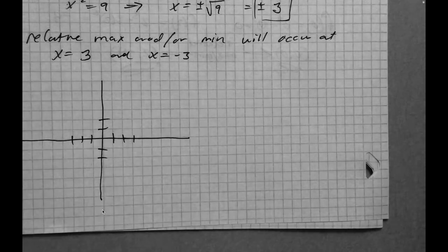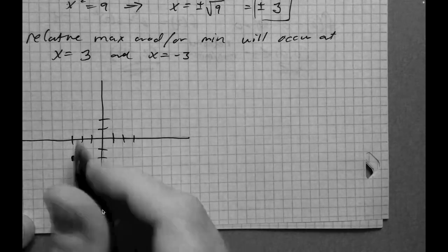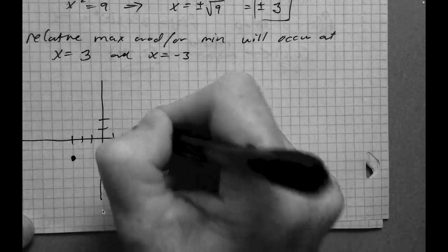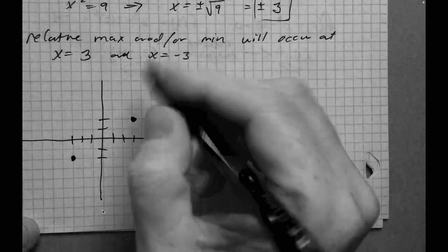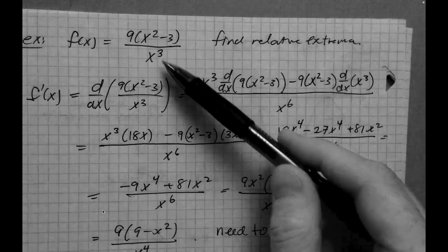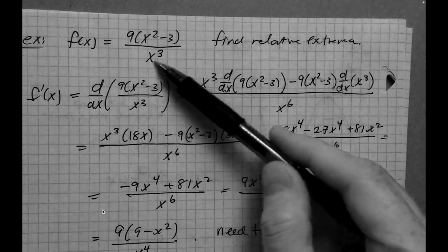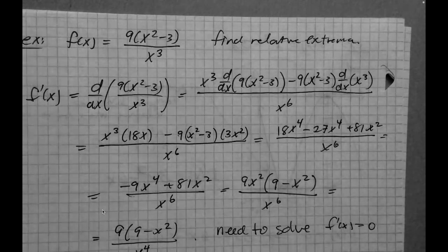Okay, so we do indeed have an extrema at x equals negative 3, and we also have an extrema at x equals positive 3. Now what happens here, if you look at the function, f of x is asymptotic at x equals 0, right, because of the denominator.